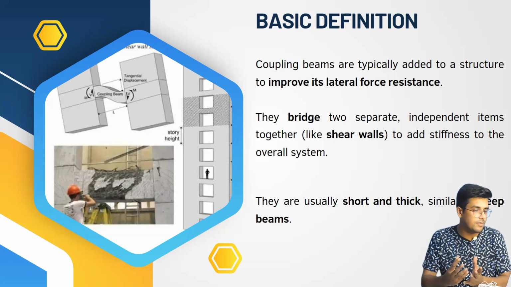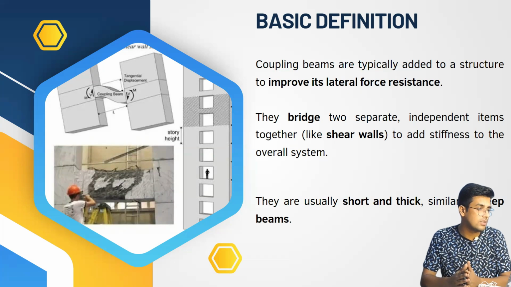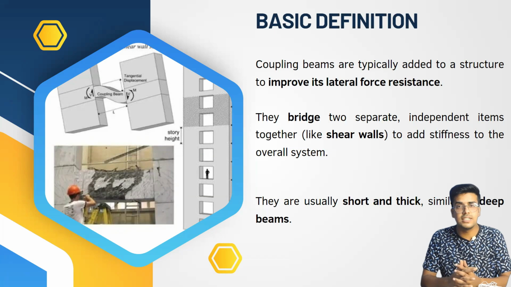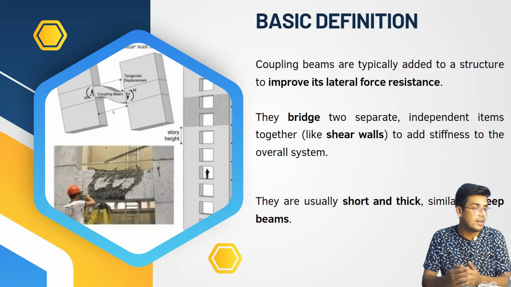They are very short and thick, and their characteristics are like those of deep beams. You can see in the diagram on the left-hand side that there is a beam connecting the shear walls, and this beam is going to fail in several ways. We are going to see later in these slides what kinds of failures or plastic hinges are going to form.